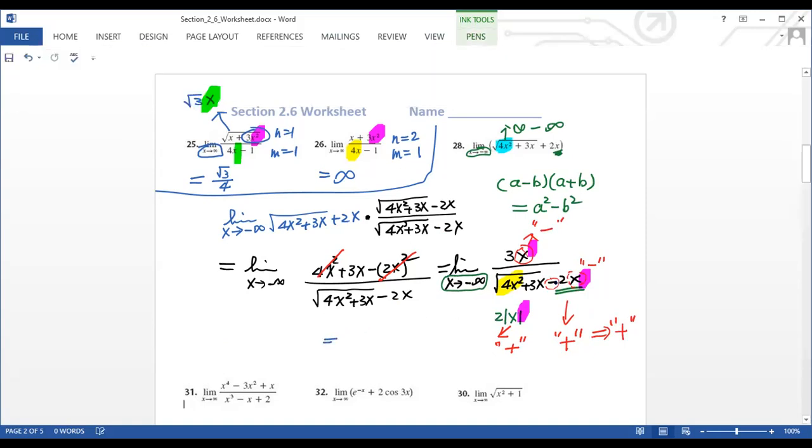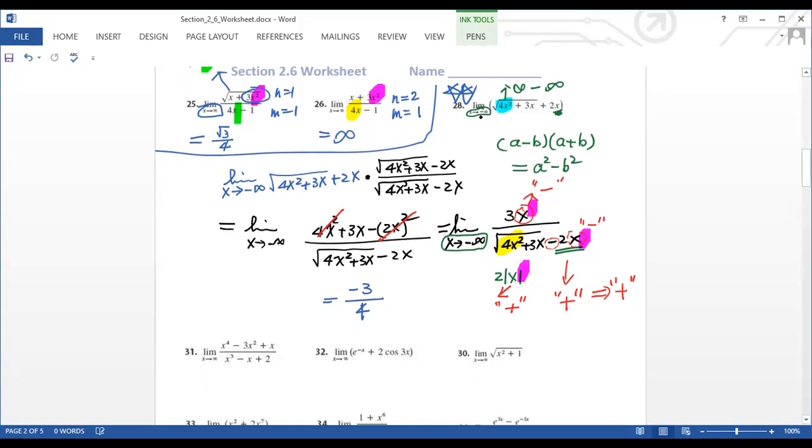This is 2 and 2, right? So it's 2 plus 2, because these things become positive. So the answer is negative 3 over 4. Be very, very careful. This is a very important thing, especially when you talk about negative infinities.